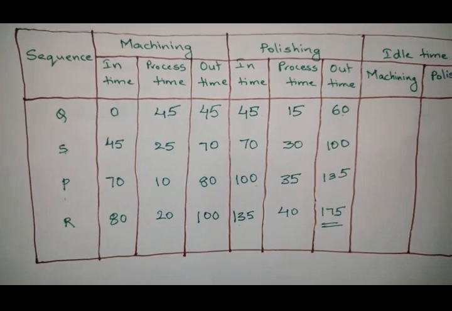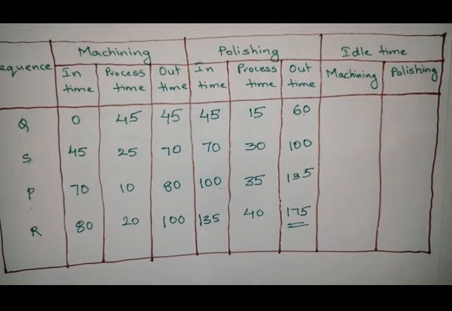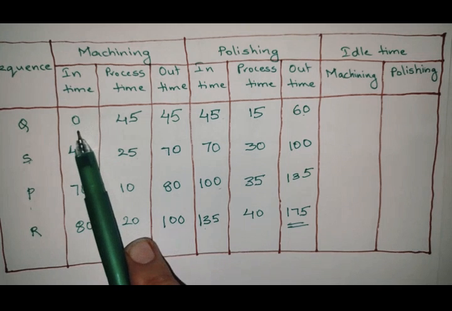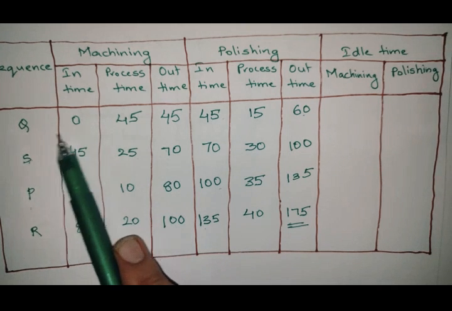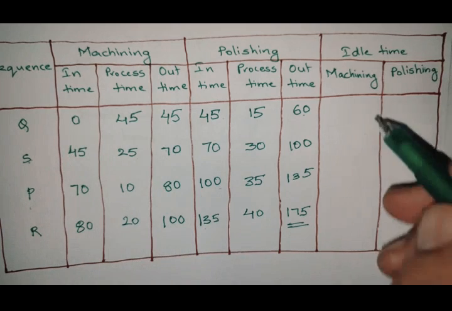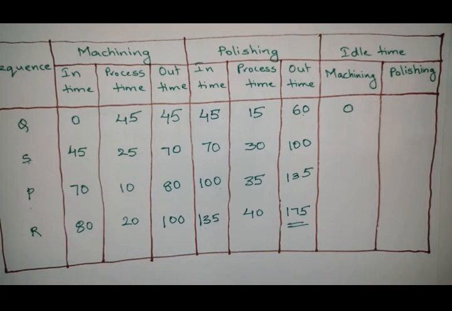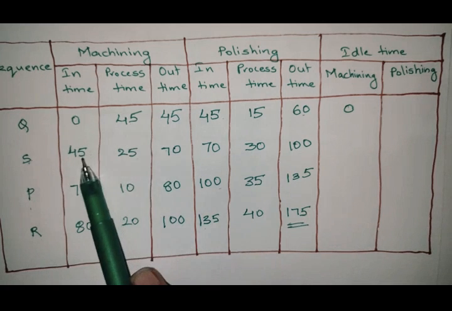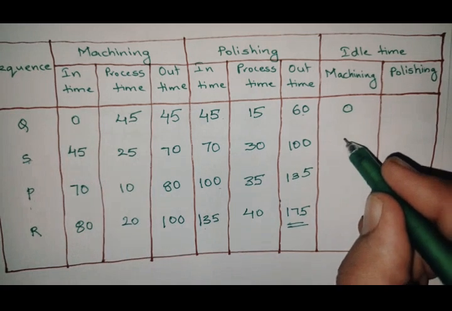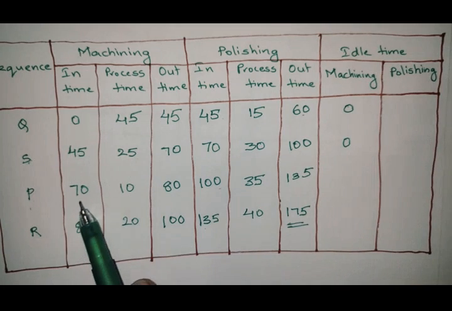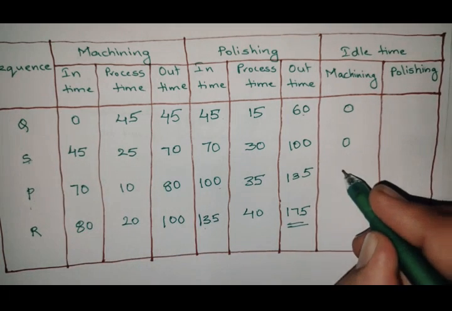So now let us calculate the idle times. In the machining process, initially job Q enters at the 0th hour only, so there is no idle time, 0. Next, idle time, difference of 45 and 45, 0. Next idle time, difference of 70 and 70, 0.